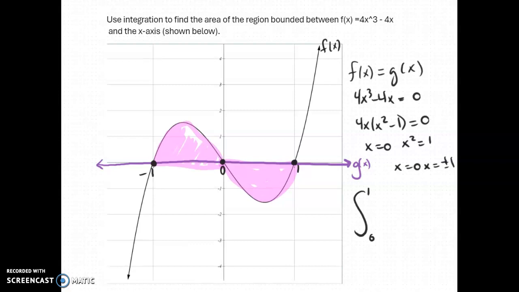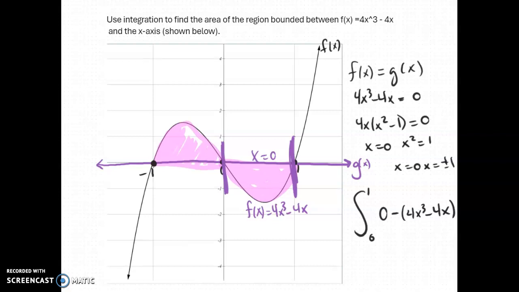So in this case here, if we're looking just between 0 and 1, the top function is x equals 0, and the bottom function is the 4x cubed minus 4x.